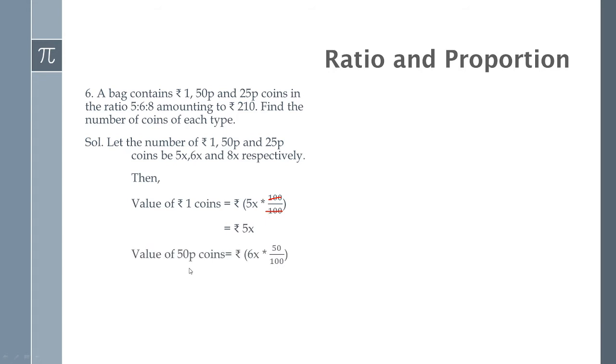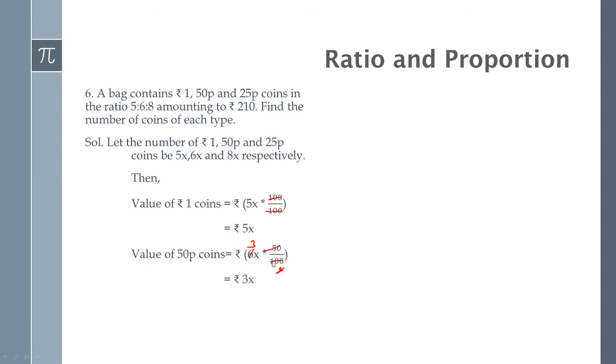Now coming to this, the value of 50 paisa coins is equal to rupees 6x into 50 paisa by 100. The same way here, 50 ones, 50 twos, again 2 ones, 2 threes.